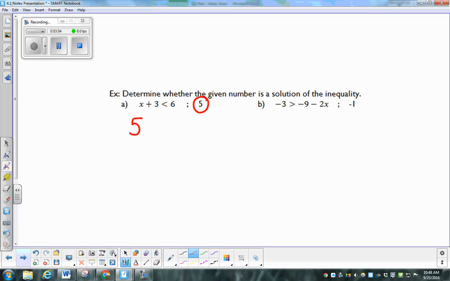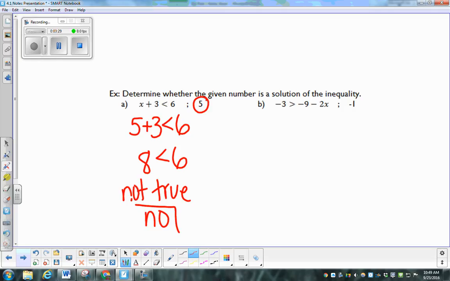So instead of x plus 3, I'm going to write 5 plus 3 is less than 6, and then we just see if it's true or not. So 5 plus 3 is 8, and I can go ahead and write that out. 8 is less than 6. So then you just think about it. Well, is that true? Is 8 smaller than 6? No, that's not true. So our answer here is no. 5 is not a solution to that inequality because it does not work.